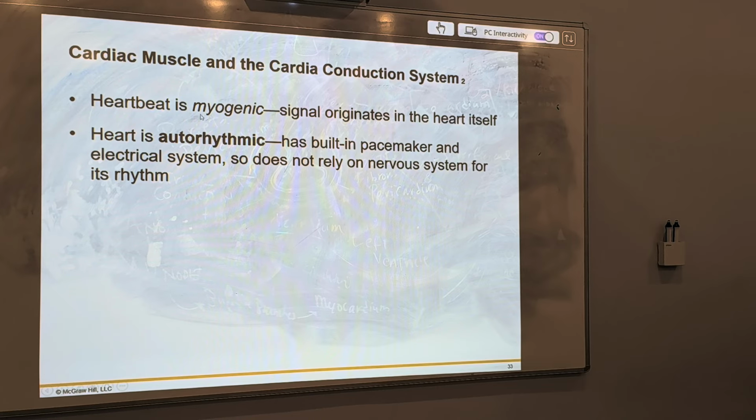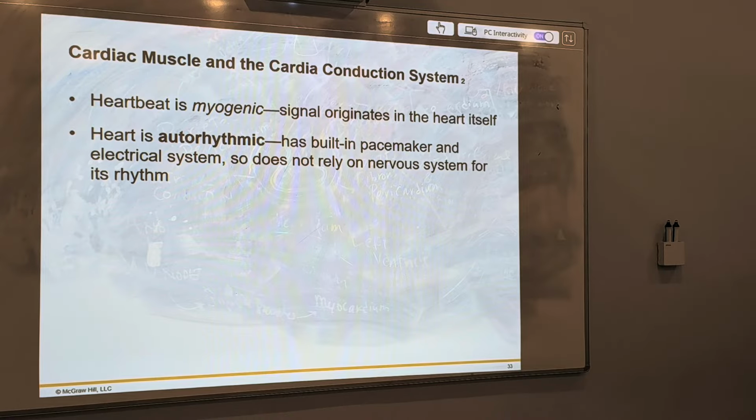The heartbeat is myogenic, meaning that the signal originates within the heart itself. The heart is autorhythmic. It has a built-in pacemaker and electrical system, so it does not rely on the nervous system. We went over that with the sinoatrial node and the atrioventricular node.